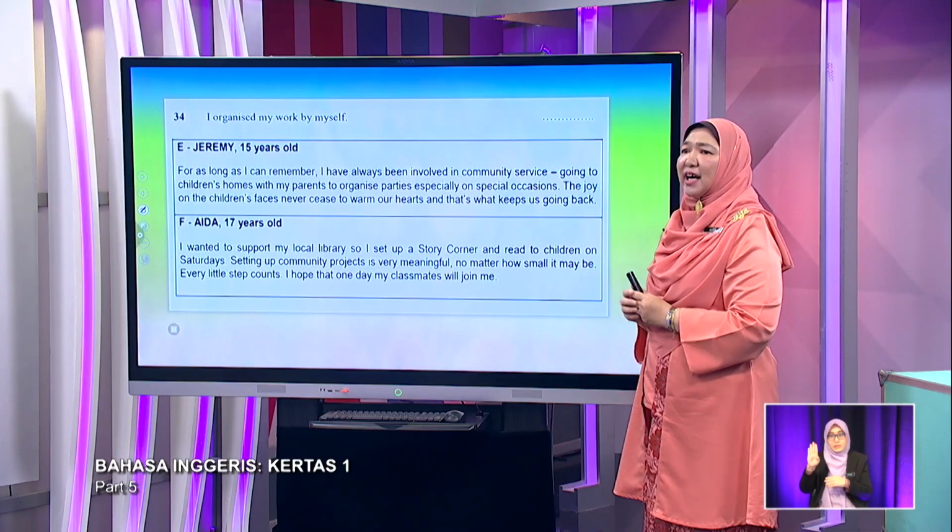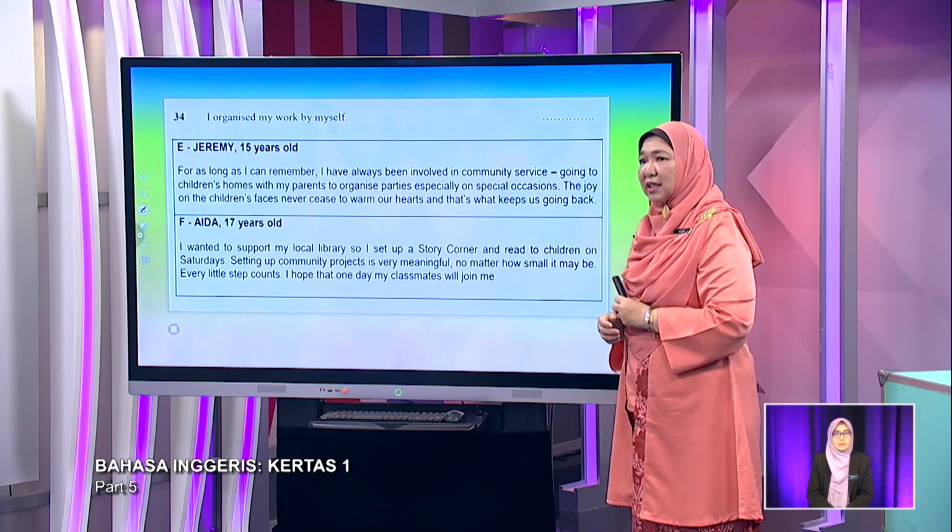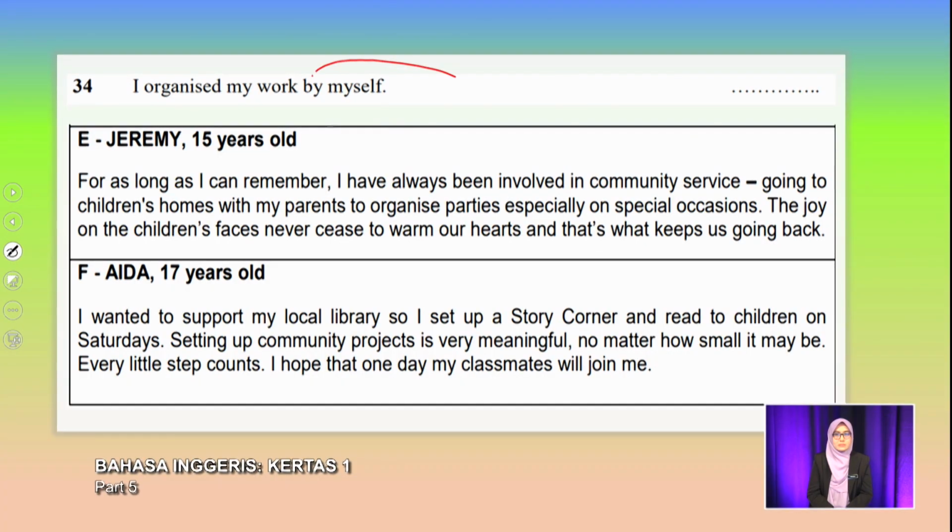Next. I organize my work by. The keyword is myself. E: I have been involved in community service, going with my parents. How about F? I set up a story corner, read to children.